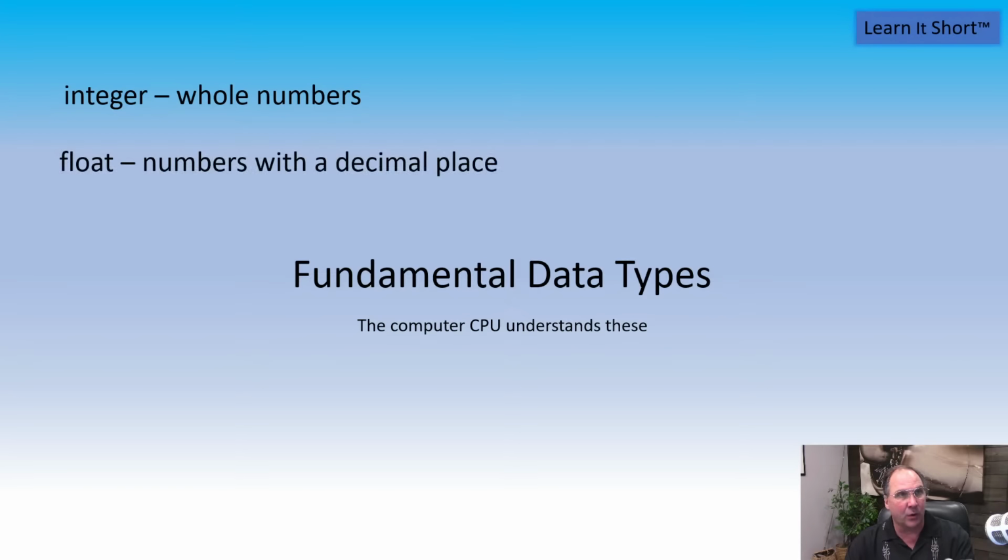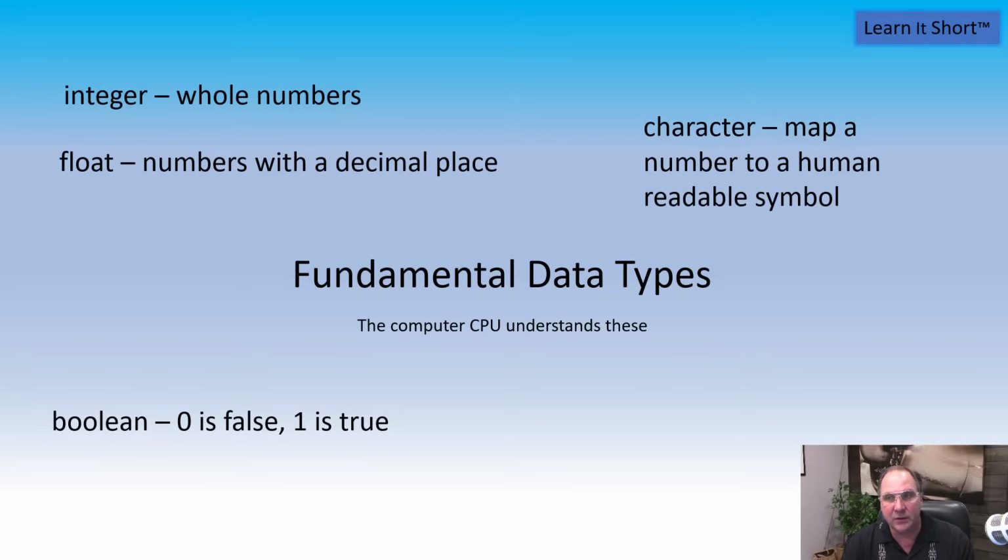It knows how to work with floating point numbers, numbers with a decimal place. And again, it's an approximation because it's really internally just an integer with information about where the decimal place goes. It understands Boolean, true or false. Is something true or false? 0 for false, 1 for true.